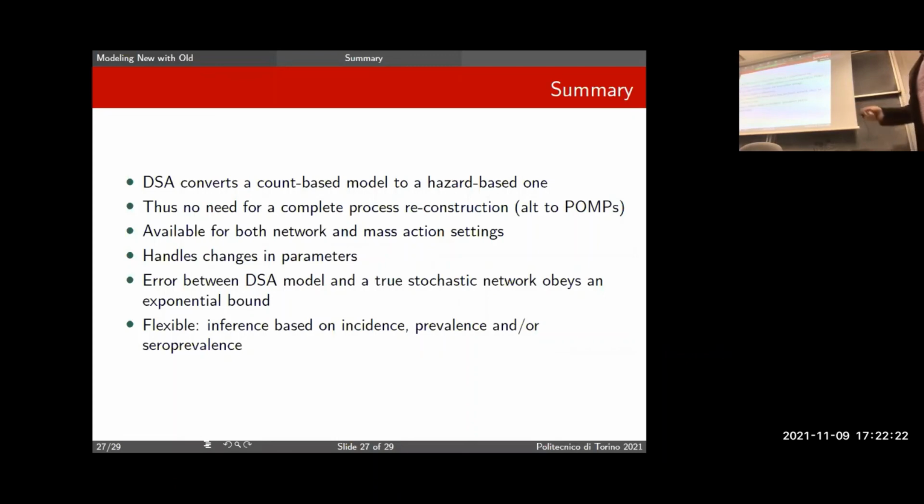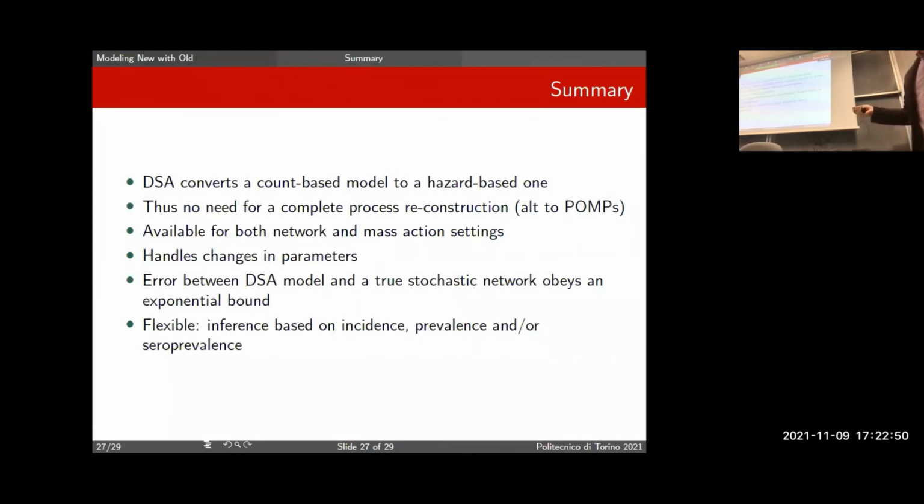It also could be used in the network setting. I didn't talk about this, but it could. It turns out that the error between the DSA model and the true stochastic trajectory follows an exponential bound. So it's a really, really good tight model. And it's flexible. It can be used to make predictions about the dynamics of an epidemic from all sorts of data.